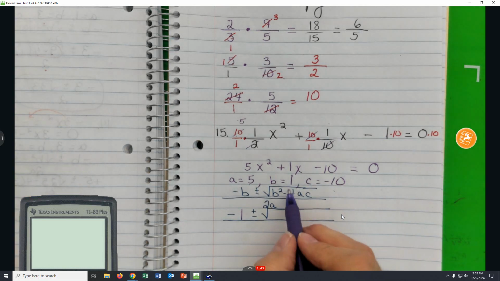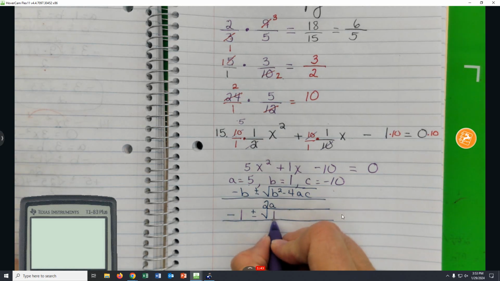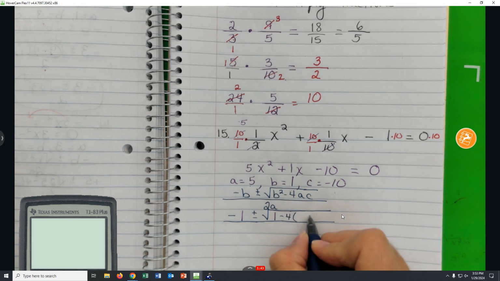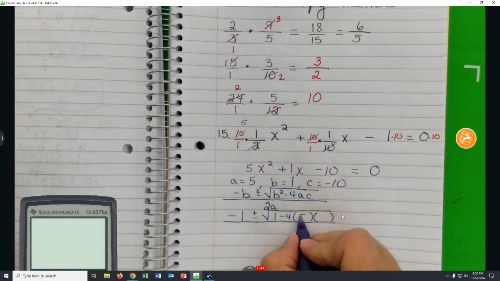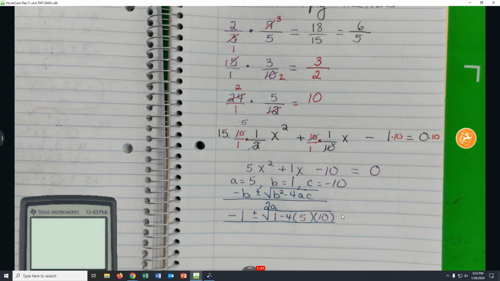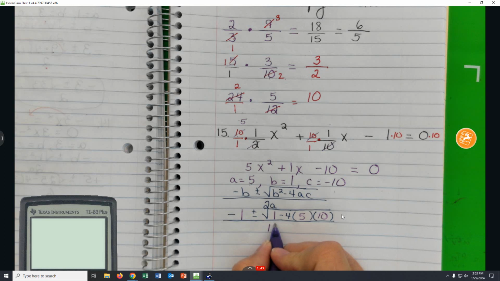What am I going to replace b squared with? 1 squared is 1. And then here comes the minus 4ac. Minus 4 times a times c. All over 2 times a. What number am I going to have on the bottom here? 2 times 5.